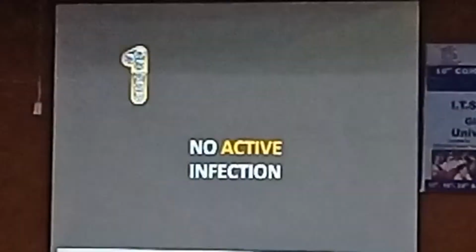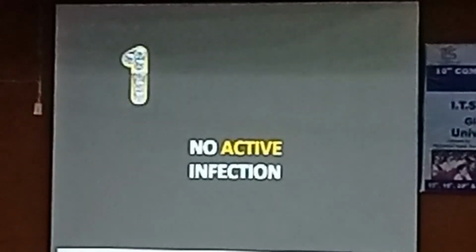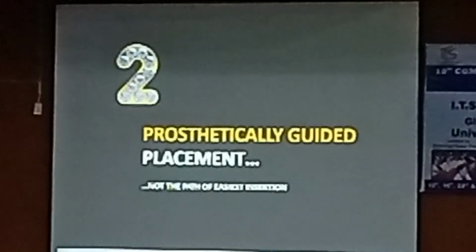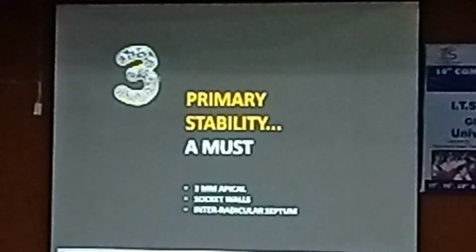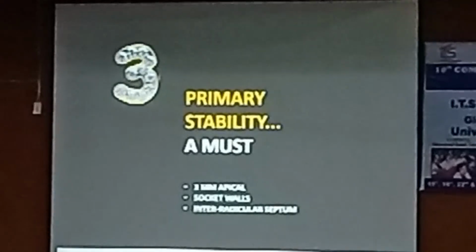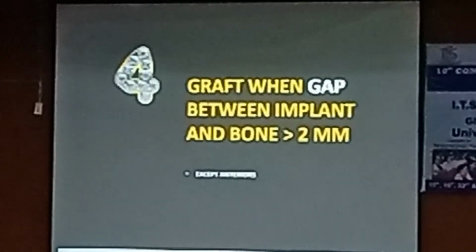What were the golden rules we discussed yesterday? No active infection. Everybody has noted down. Prosthetically driven placement of the implant, not the path of easiest insertion. Primary stability is a must, and from what all areas you achieve it, 3 mm apical. And you have to graft when the gap is more than 2.